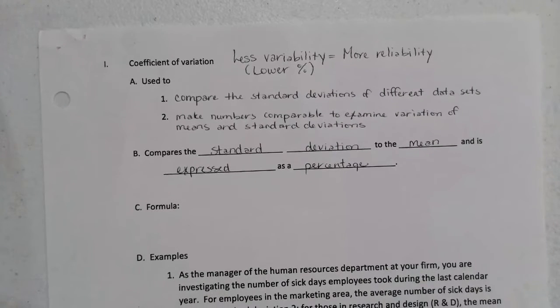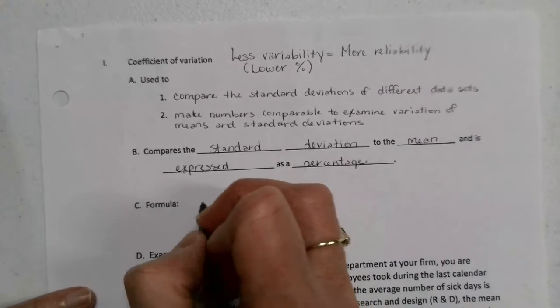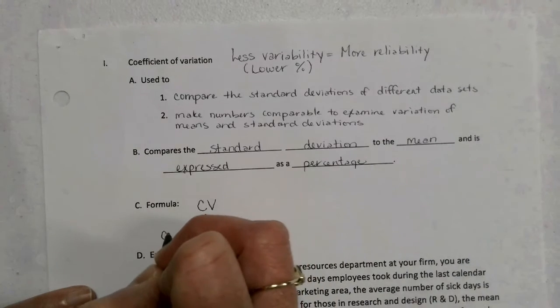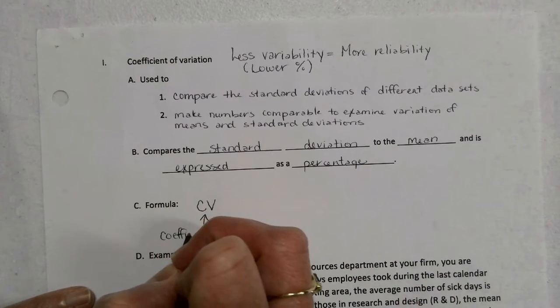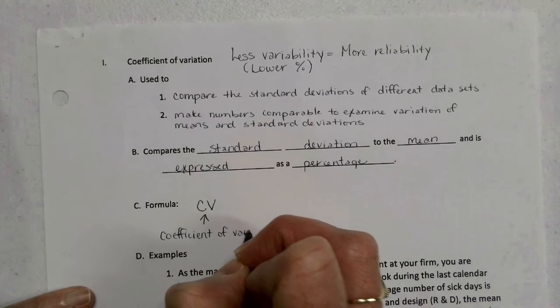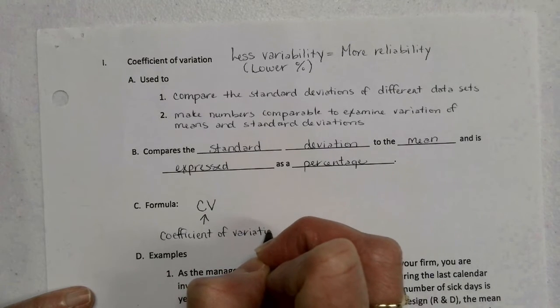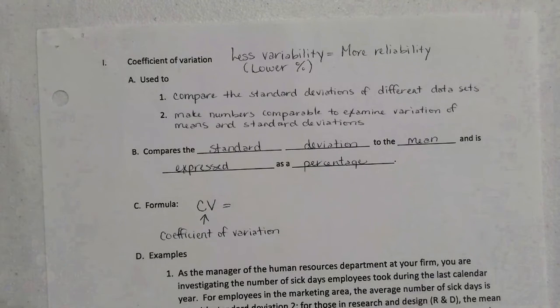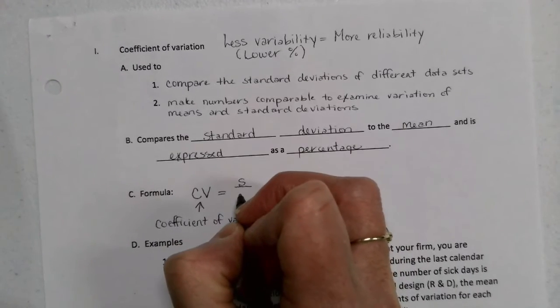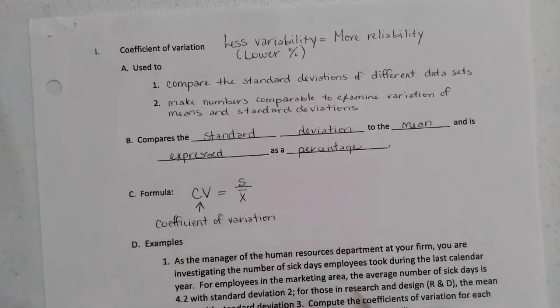So the formula for coefficient of variation says, and here is our symbol for coefficient of variation. And to compute that, like I said, you're going to compare that standard deviation to the mean. So you're going to take your standard deviation, you're going to divide it by your mean, your x bar.